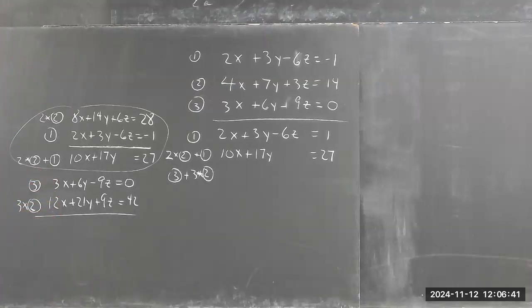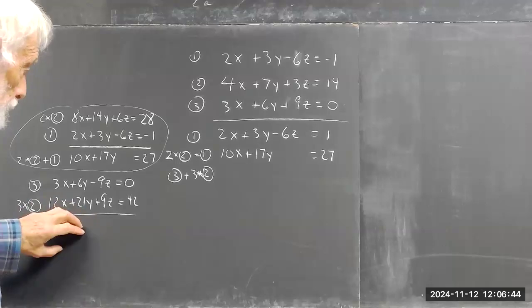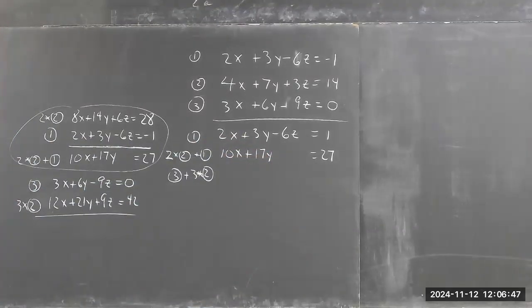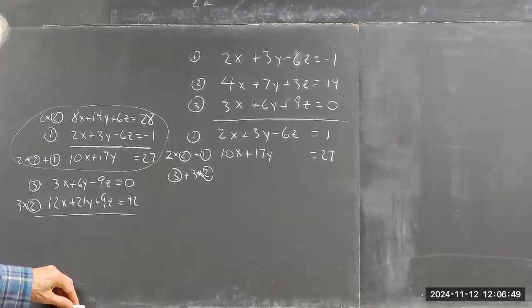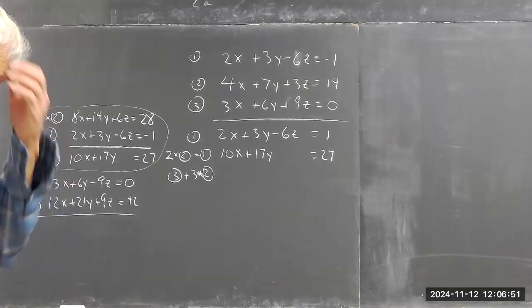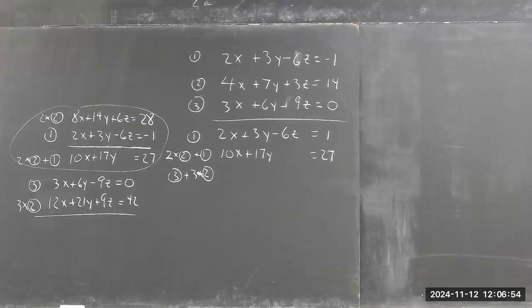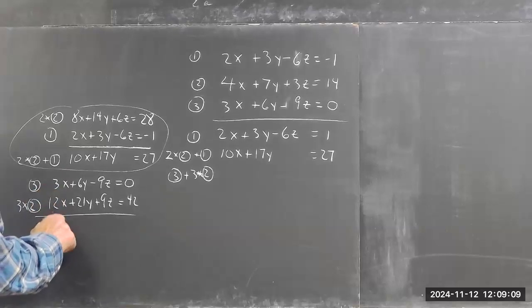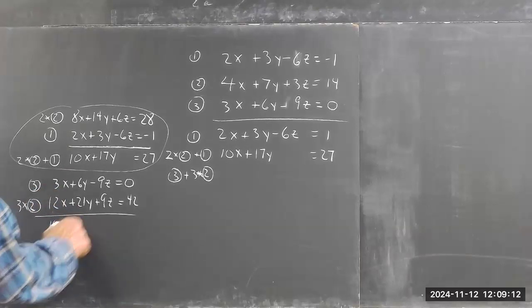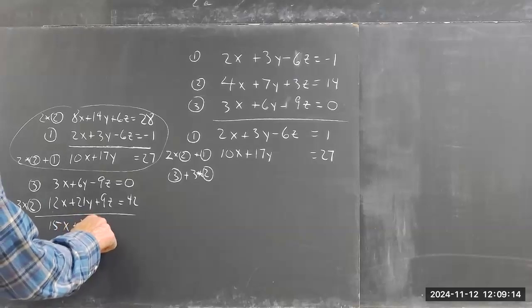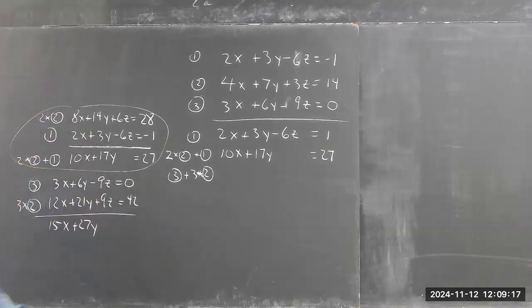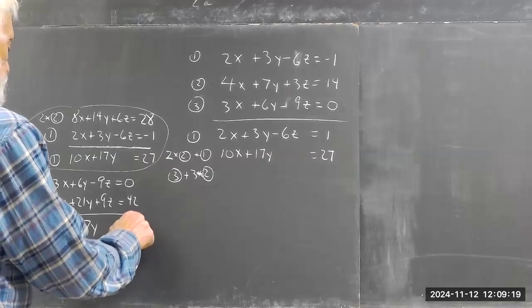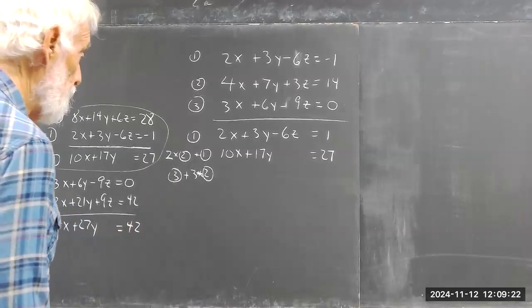Now we add these 2 equations. Once we've added them, we take what we get there and write it down over here. Okay, so we add these 2 equations. We're going to get 15x. 6y and 21y is going to give us 27y. Our z's add up to 0, so we don't have to write that. And 0 and 42 is 42.